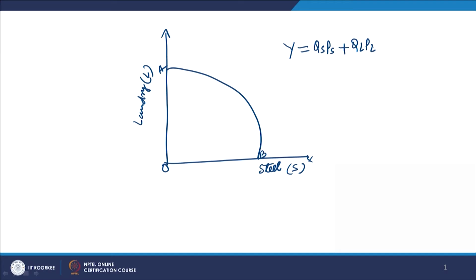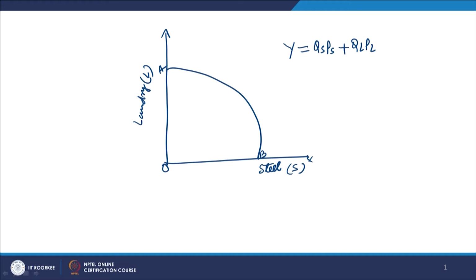That is the total income received from the production of laundry and steel, where y is the total sales or total income, Qs is the quantity of steel produced, and Ps is the market price of the steel. When you multiply the market price of steel with the quantity, you will get the total revenue received after selling the steel in the market.